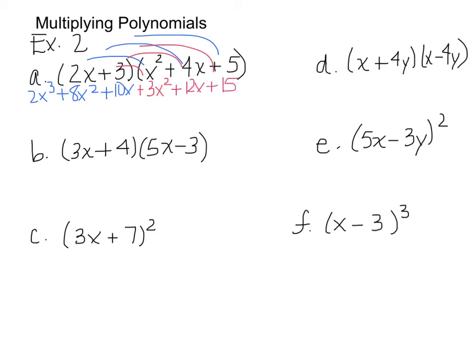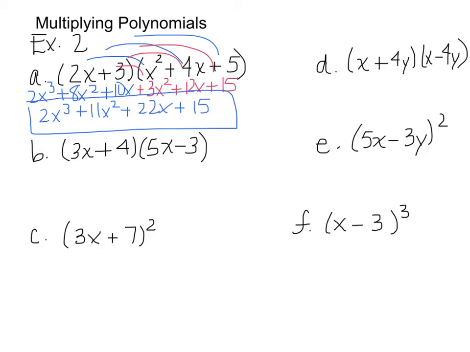And then from there, you just combine like terms. So I'm going to get 2x cubed plus 11x squared plus 22x plus 15. And then it asks you to write it in standard form. That just means your exponents are going in descending order.